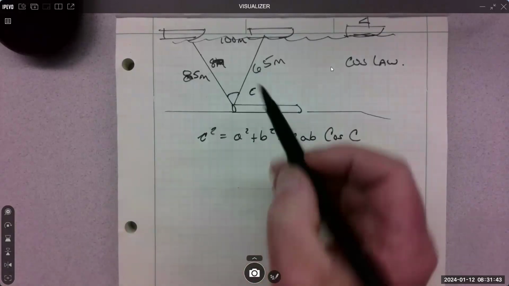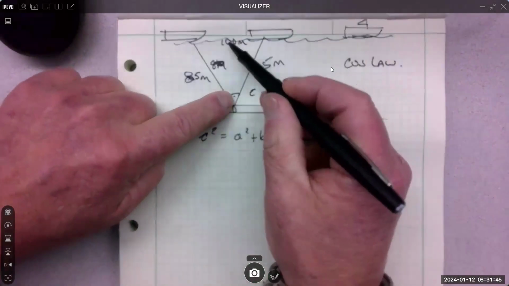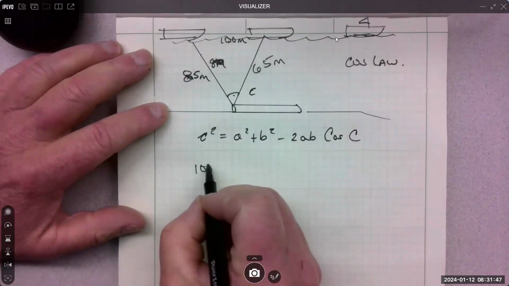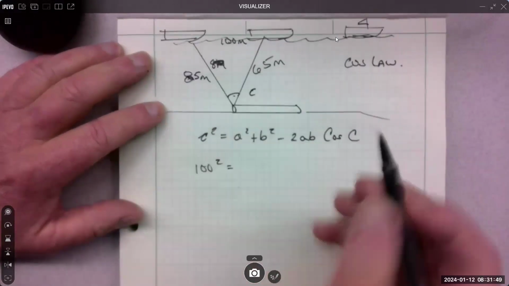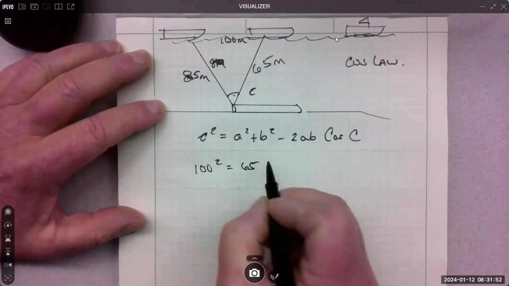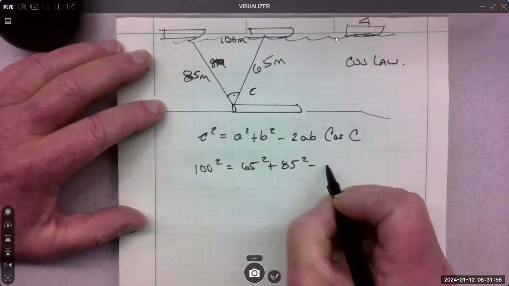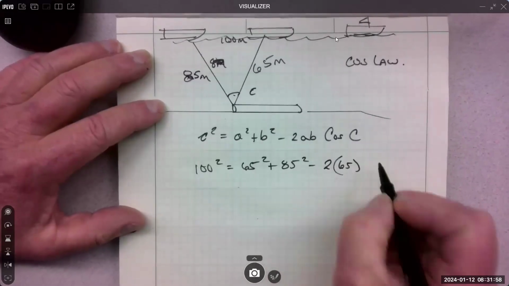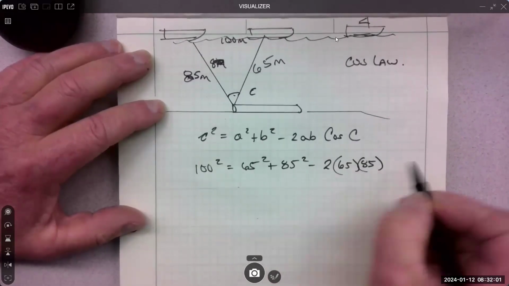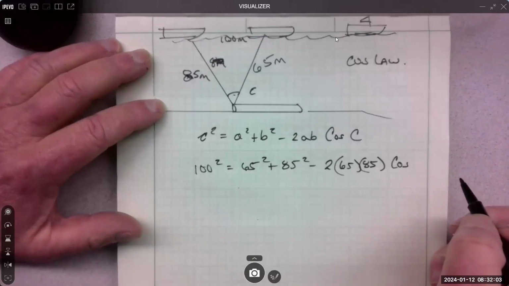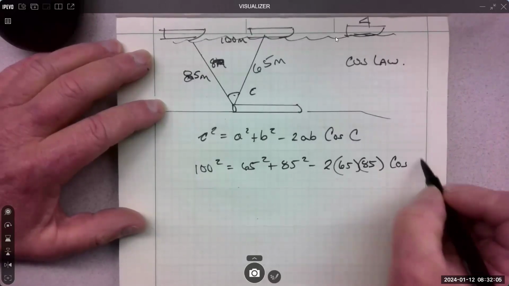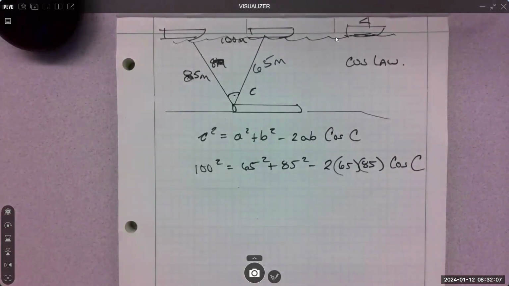So I identified this as C, so that makes this 100. The other two sides don't really matter. 65 squared plus 85 squared minus 2 times 65 times 85 times cosine of C, which is what you're trying to find. What they actually want to know is how deep it is, I think.